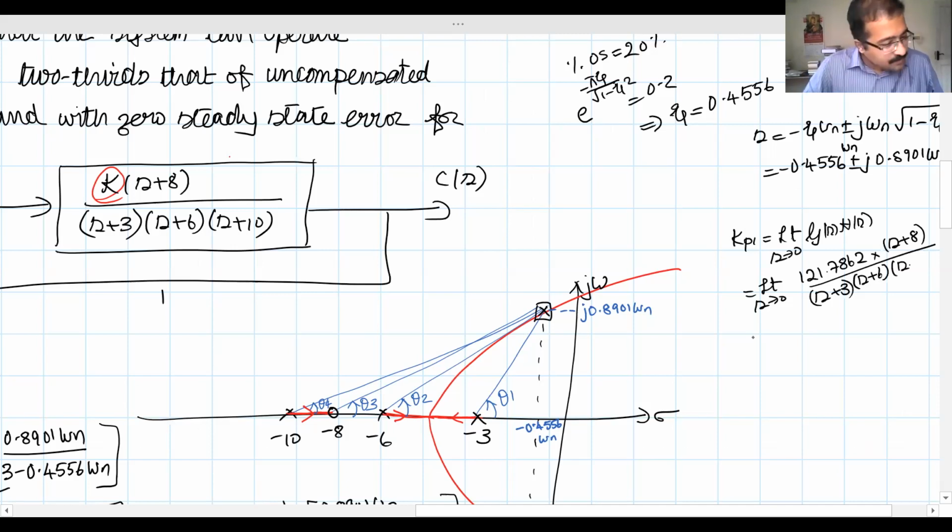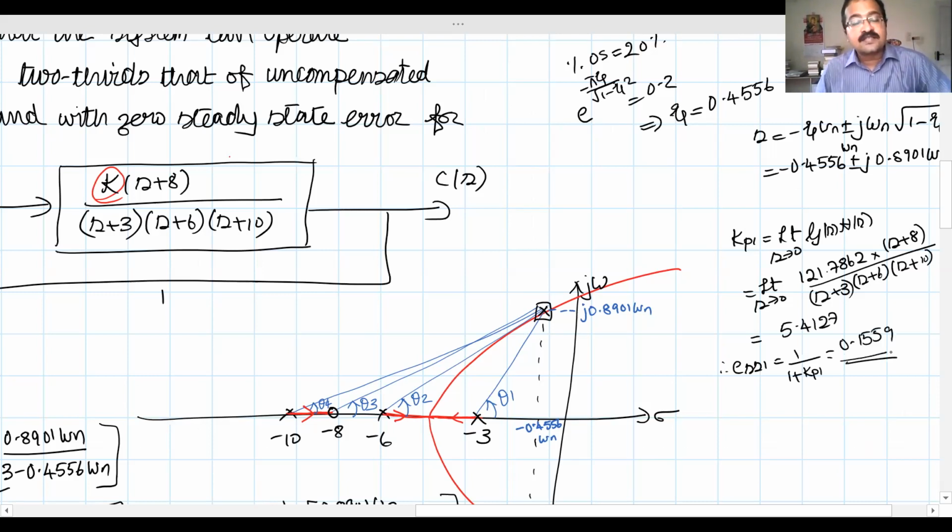This is for the uncompensated given system. Substituting, you get Kp1 as 5.4127. The steady state error for the uncompensated plant is 1 divided by 1 plus Kp1, which is around 0.1559. So there is some finite steady state error.